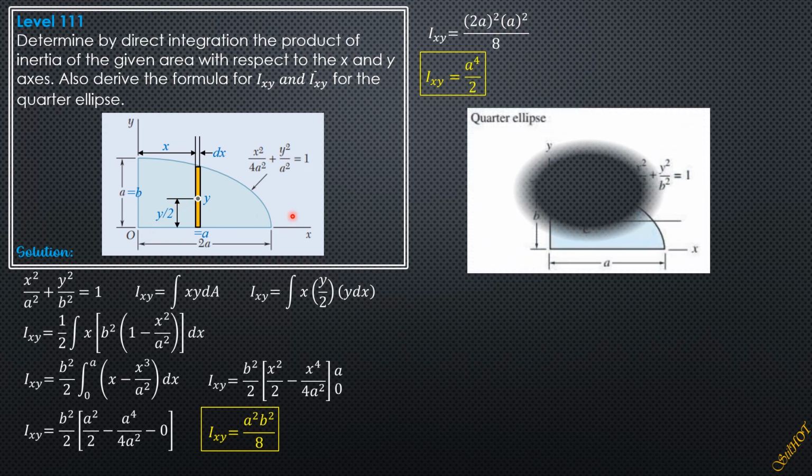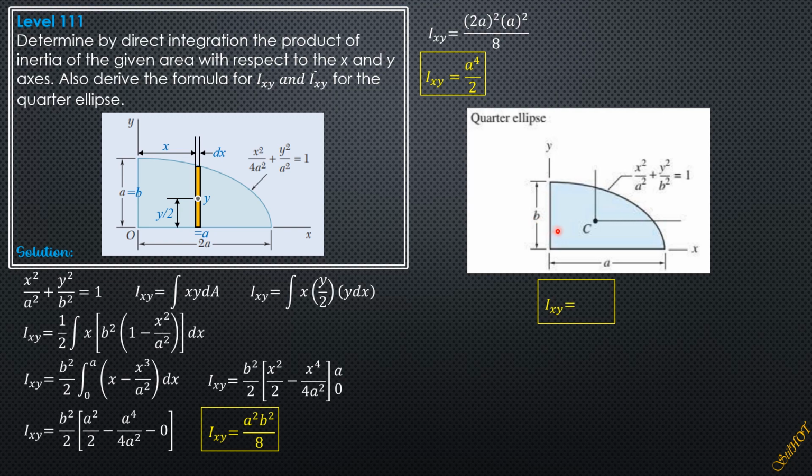Now, with respect to the centroid of an ellipse, remember the location of the centroid. Ixy is a square b square over 8 in general. The centroid distance is 4a over 3 pi, while this distance is 4b over 3 pi.